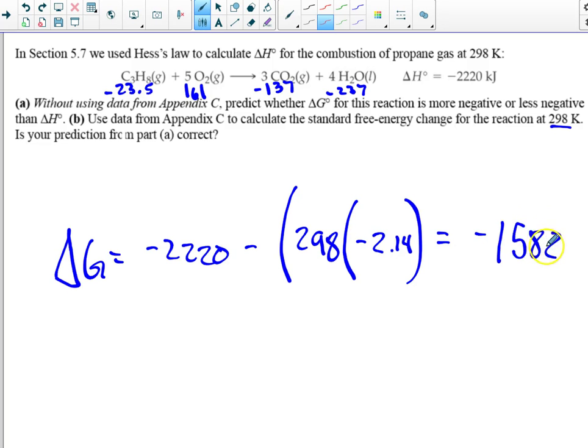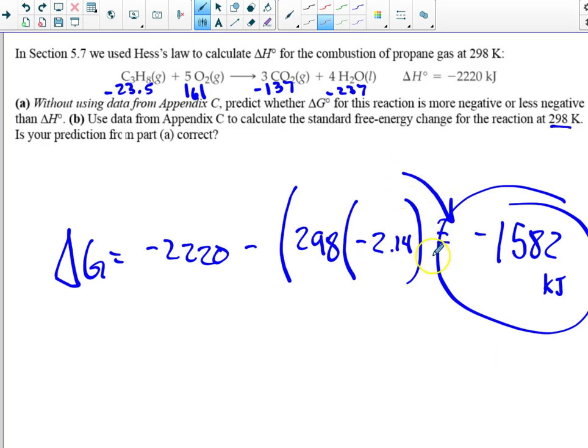Okay, is this process spontaneous? Yes. If G is negative, it's spontaneous. Did this answer prove our prediction? Yeah, this number is less negative, which means closer to being positive than that number is.